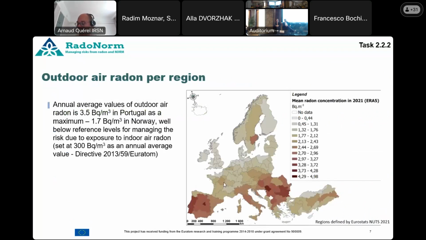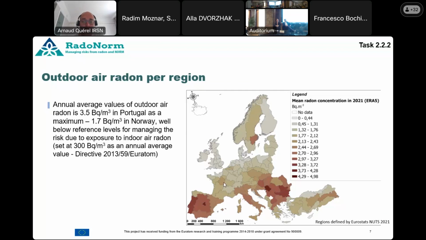And so this is one of the output products we have produced, and this is a map of the annual mean outdoor air concentration for each Euro region as defined by Eurostat.